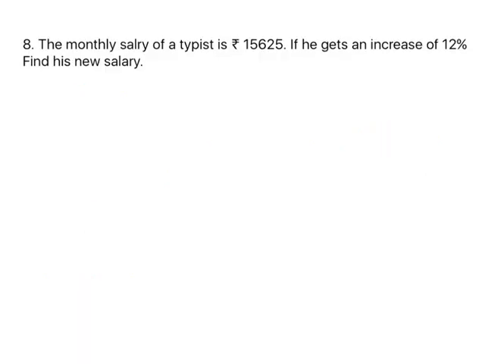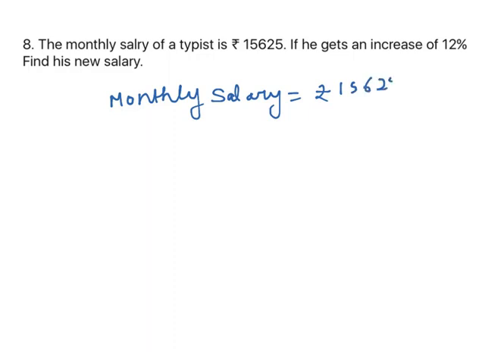The next question we have: the monthly salary of a typist is given as rupees 15625, and after that he got an increase of 12%. Now we have to find out the increase amount of his salary. So we know the monthly salary given is rupees 15625, and the amount of increase is 12%.